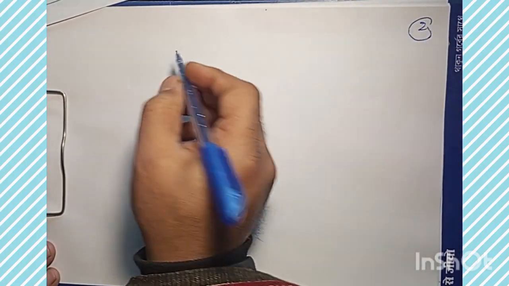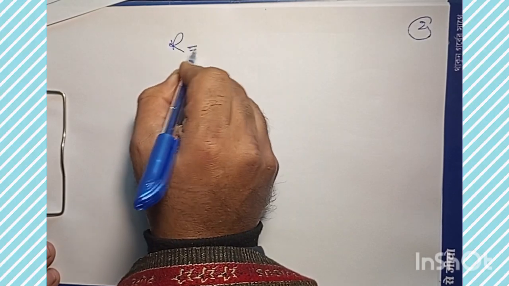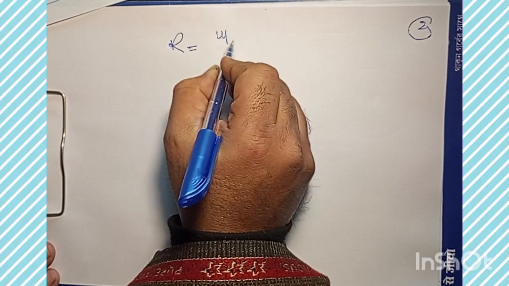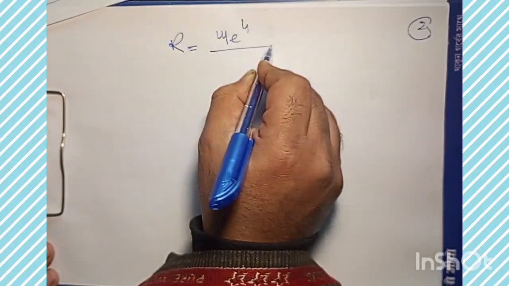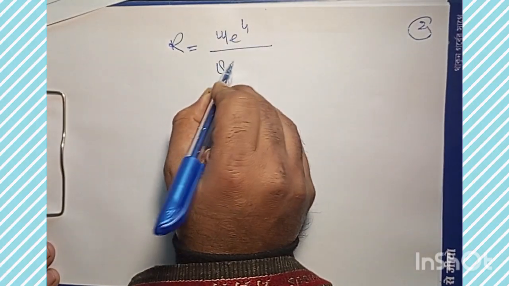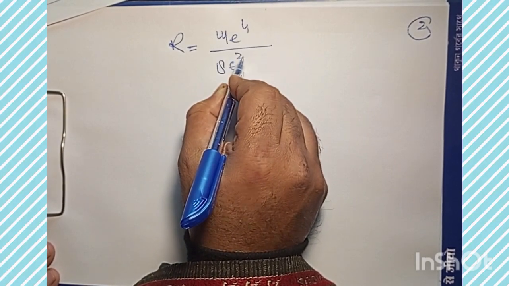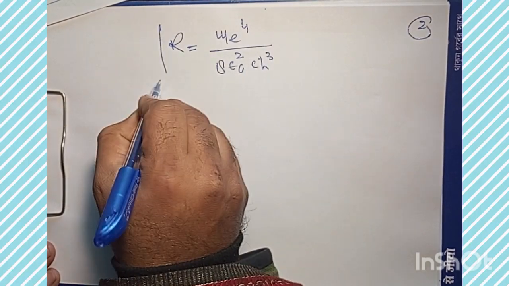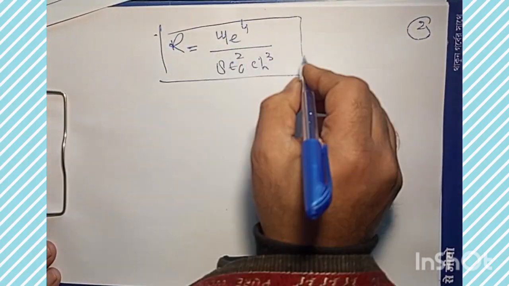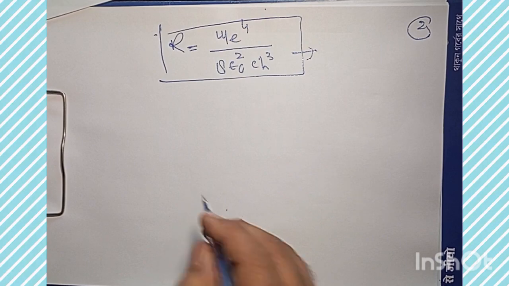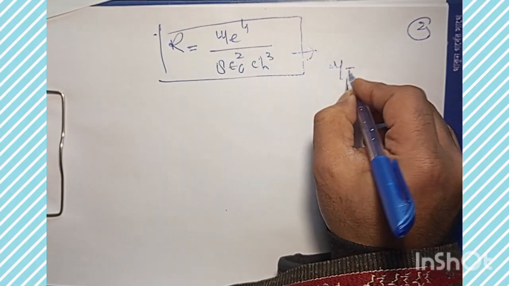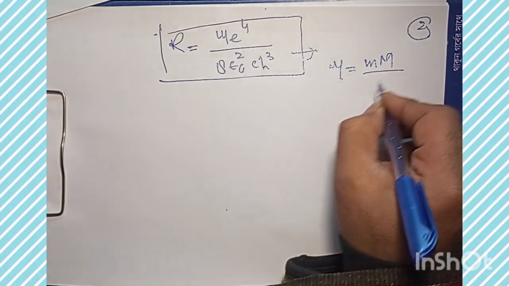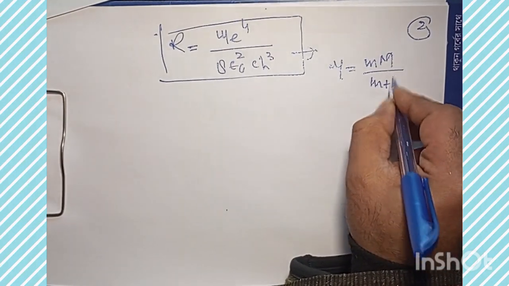So if I write down this Rydberg constant, this is going to be mu e to the power of 4 by 8 epsilon naught square ch cube. Where this mu is already defined as the reduced mass, so mu will be Mm by M plus m.